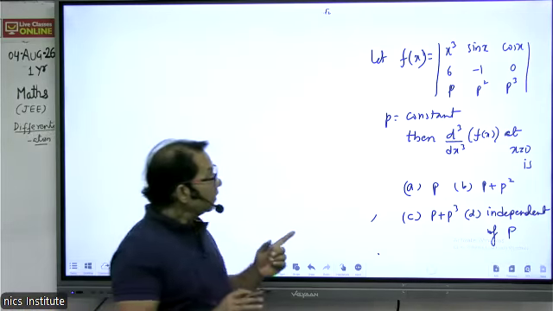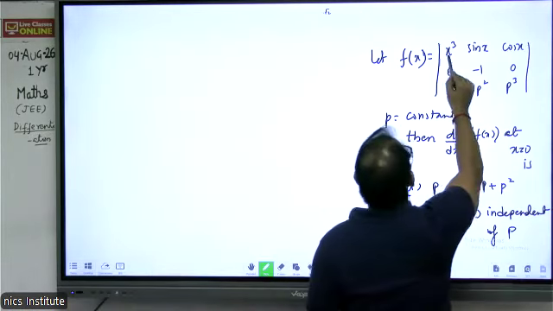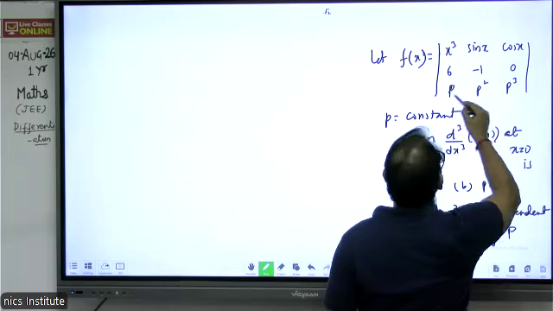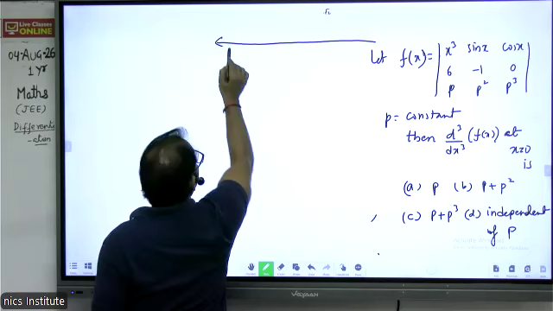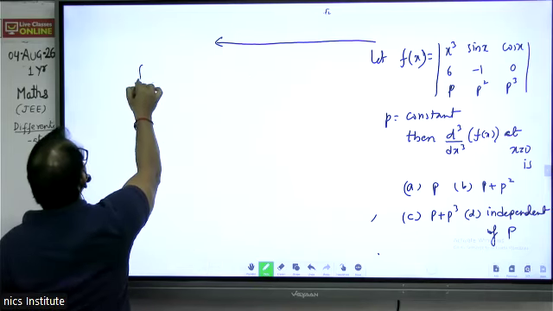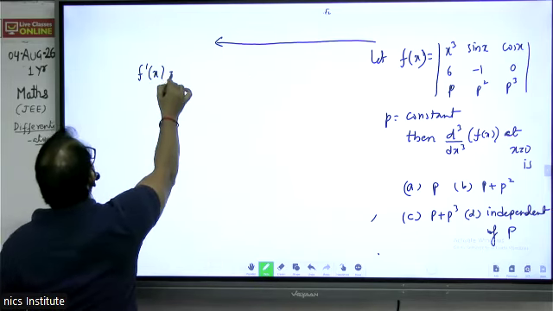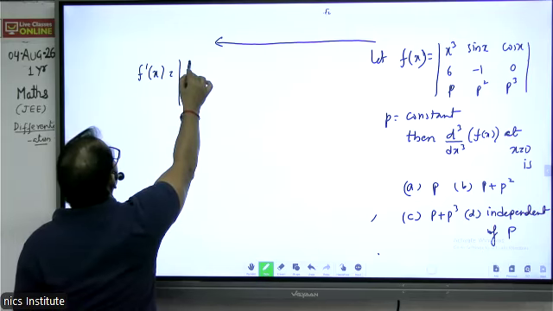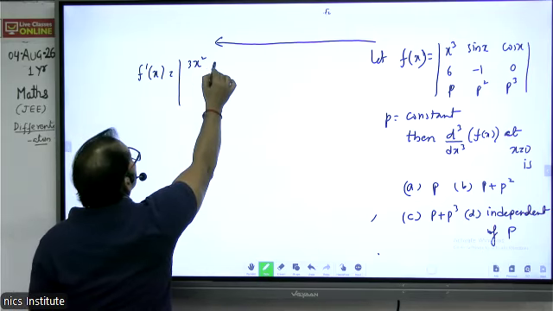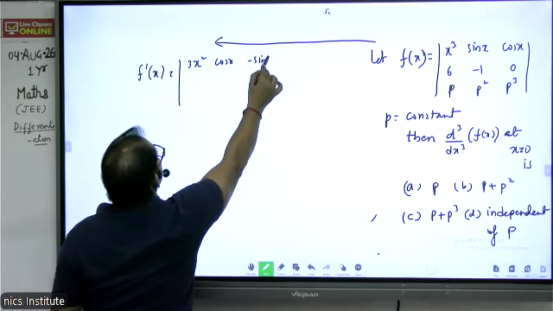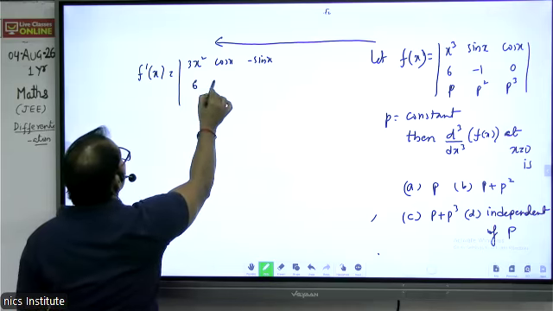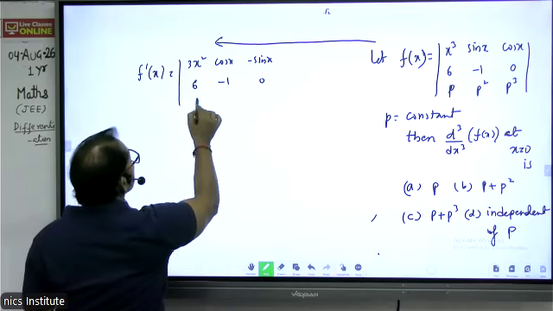Now notice over here, this is variable and this is constant. So we'll differentiate this determinant row wise. So when I differentiate it once, I'll differentiate the first row: 3x square, cos x, minus sin x. Other two rows will remain unchanged.